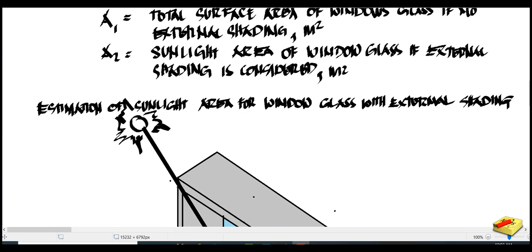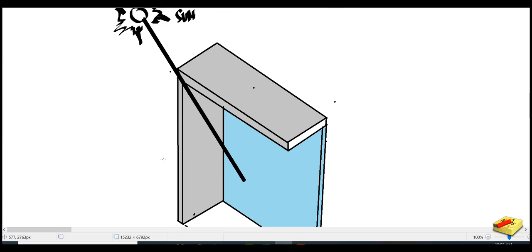What the equation statement says is, we have here the sunlight, so that will be the sun. The rays of the sun strike the window. You will notice there is what we call external shading. So this is the external shading.